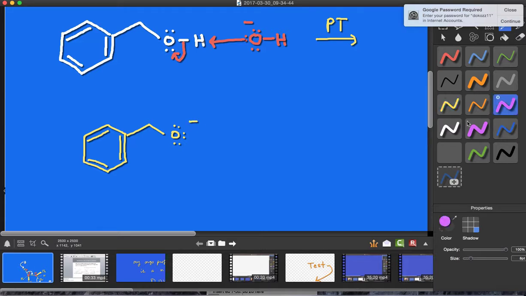And I'm going to react this with methyl iodide. This will react via an SN2 concerted nucleophilic attack and loss of a leaving group, or heterolysis, whichever term you prefer.